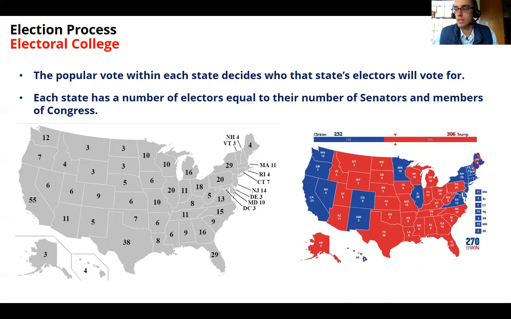But the way it works is every state has that number of electoral votes. And so we vote in Pennsylvania. We take all the votes across Pennsylvania, central Pennsylvania, which tends to be very Republican, those rural parts of the north and the middle and the corners and everything.